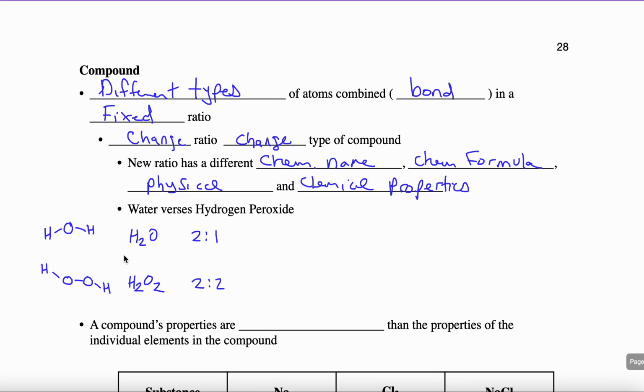Now, just as an example, water, that 2-to-1 ratio of hydrogen to oxygen, our life relies on it. We need it to remain hydrated in our cells. And another use of water is that it can be used to put out fires.